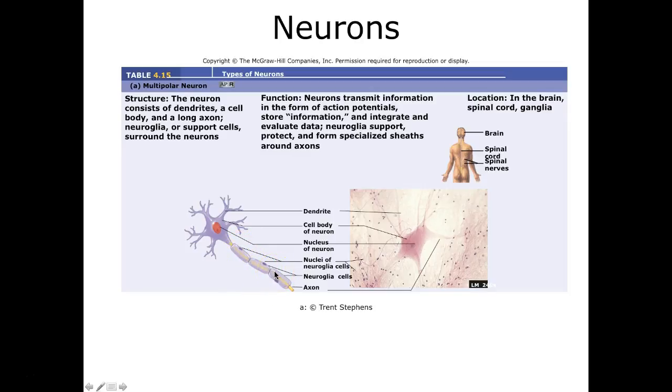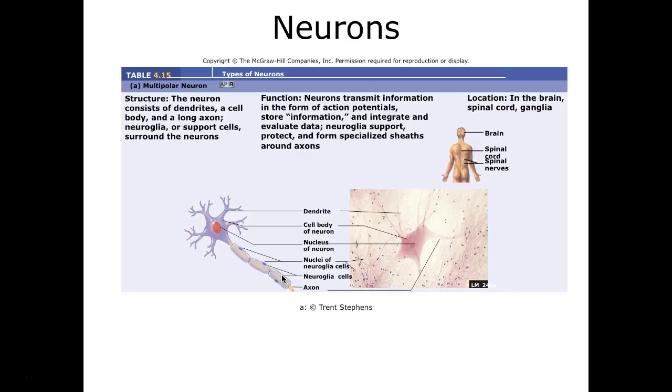We actually have two different types of neuroglia that can produce these. The one that's pictured here is our Schwann cell, and our Schwann cell is a type of neuroglia that is found in the peripheral nervous system. The neuroglia that creates these myelin sheaths in the central nervous system are called oligodendrocytes.